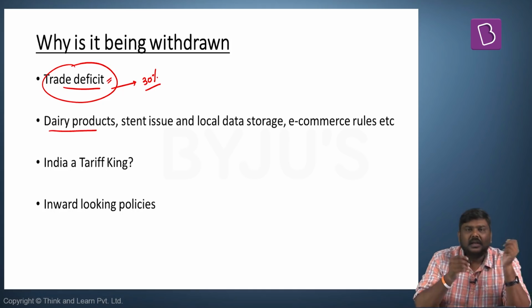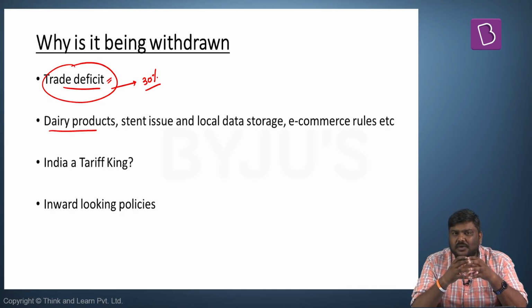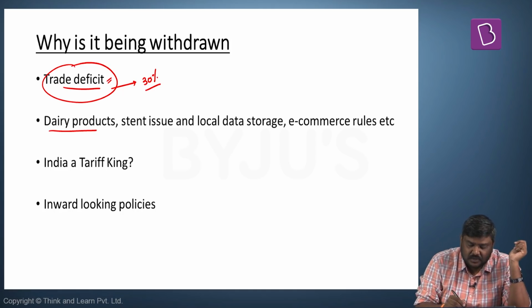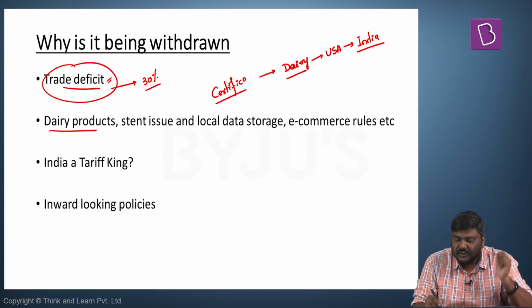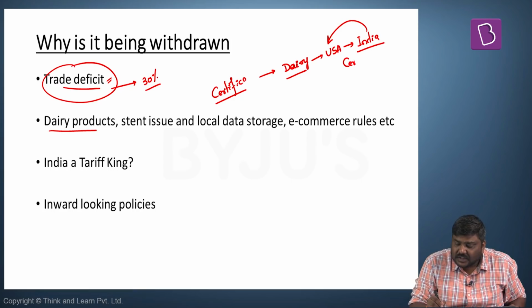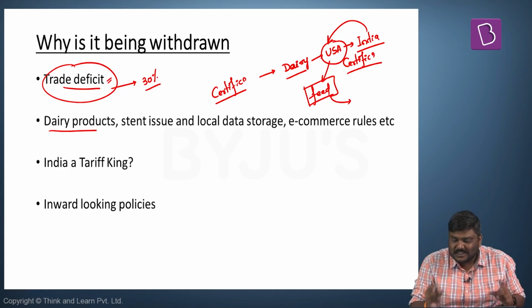The second reason is related to some of the lobby groups. For example, India imposed certain restrictions in terms of certification on certain dairy products which were being exported from USA to India. The government of India demanded certification that the fodder or the feed that was provided to the bovine animals was not involving certain commodities or certain types of products.